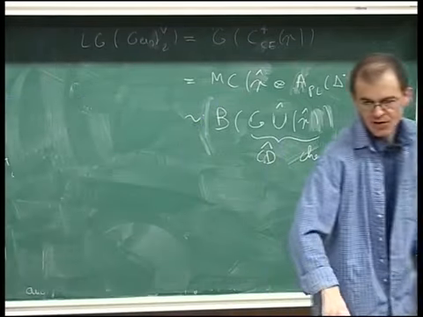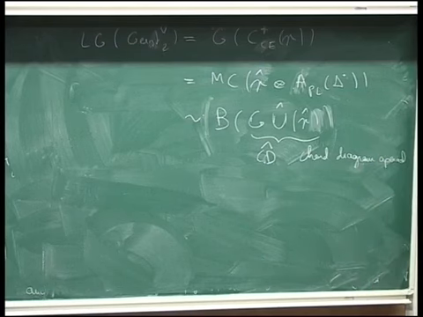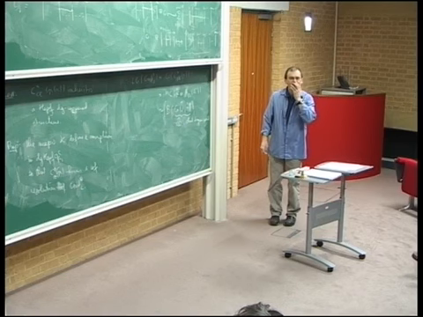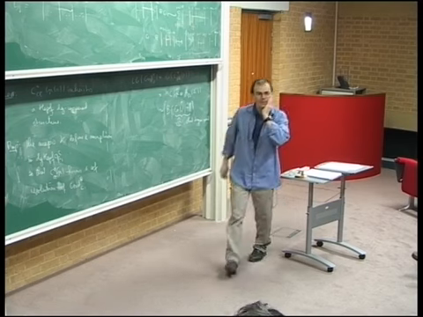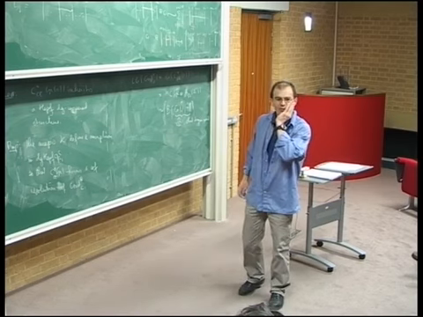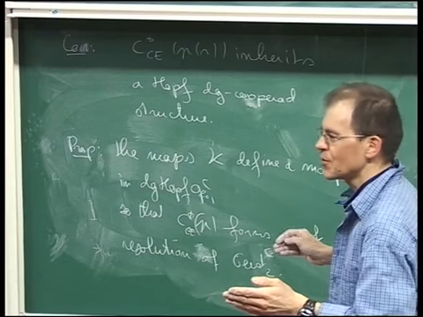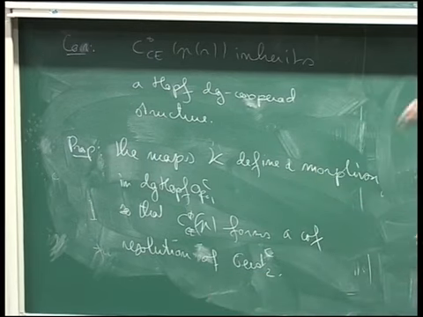Sorry, where did your last statement come from? Is it just additional information, or can I see that from what you said before, that this is the operad of chord diagrams? Yeah, in fact, it's another approach.